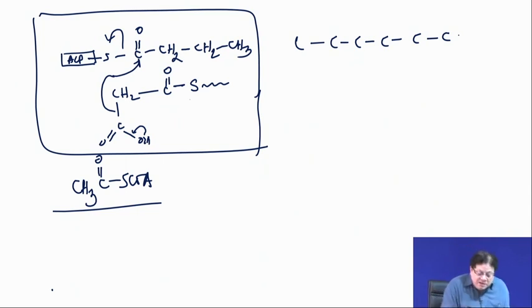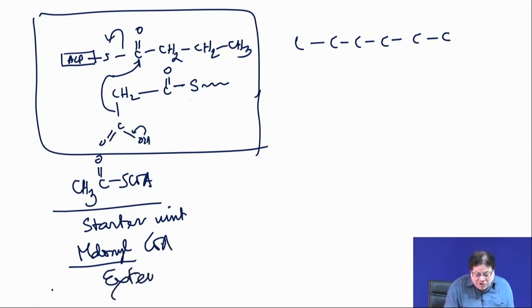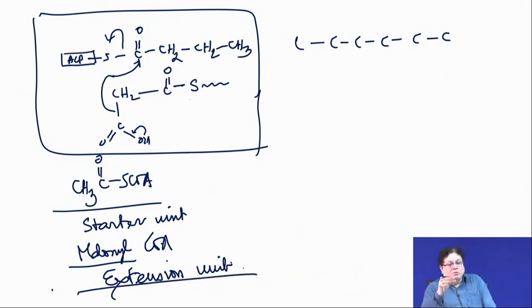So, acetyl CoA is called the starter unit and malonyl CoA is called the extension unit, because your two carbons are added from the malonyl system.